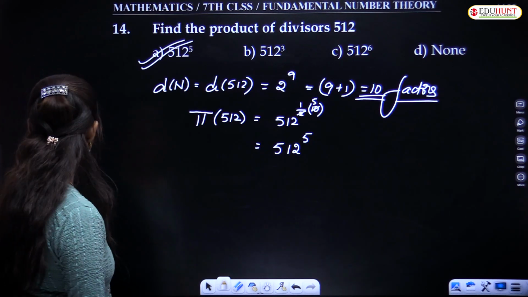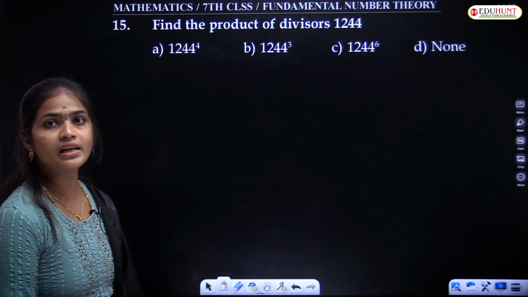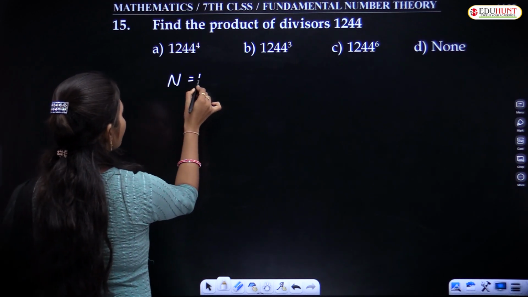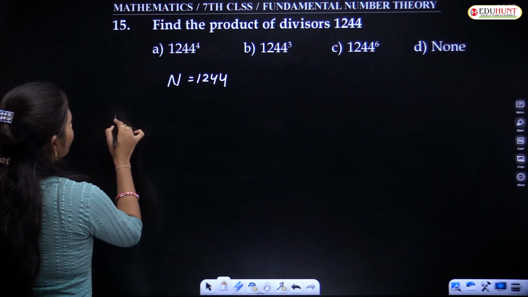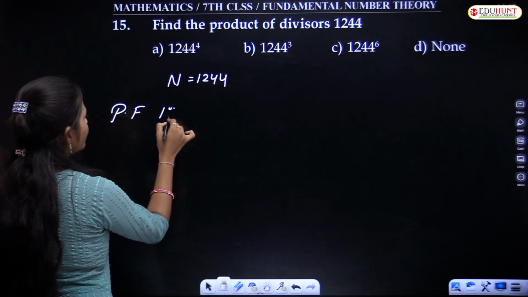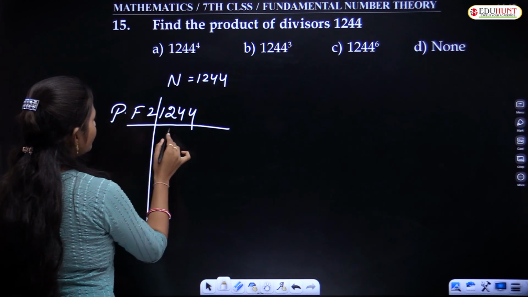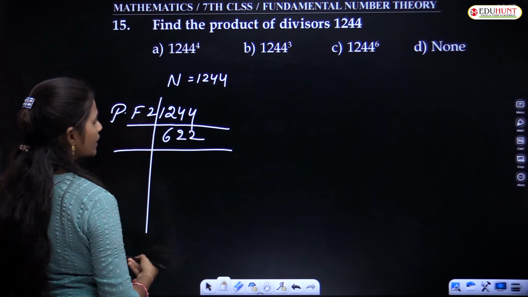Okay, next one. Find the product of divisors of 1244. Before that, n is equal to 1244, just like the previous question. Here we first need to find the prime factorization of 1244. Divide with 2: 2 6's are 12, 2 2's are 4.